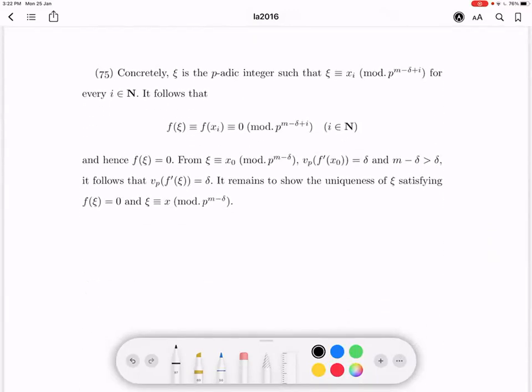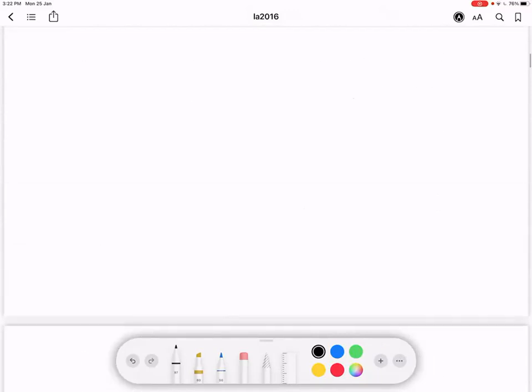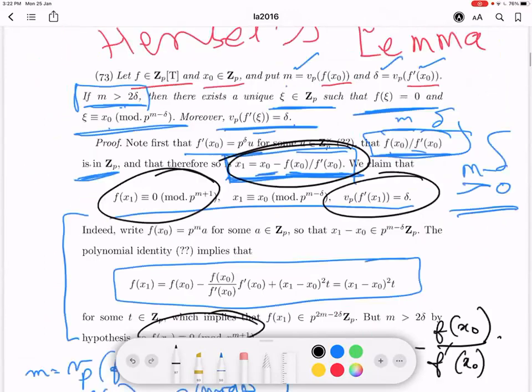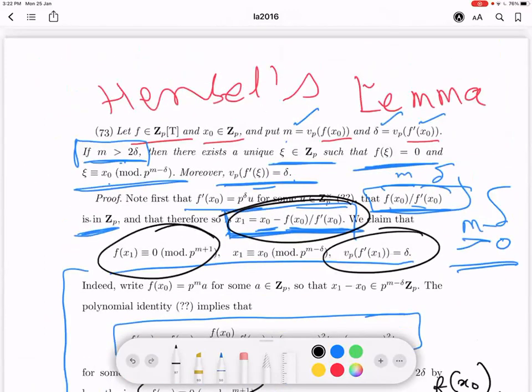It should work for an arbitrary polynomial. So this says that given any polynomial, I can cook up a root in Zp. Well, you have to start somewhere. Yes, I am assuming some conditions: x0 is in Zp, and those conditions are satisfied.